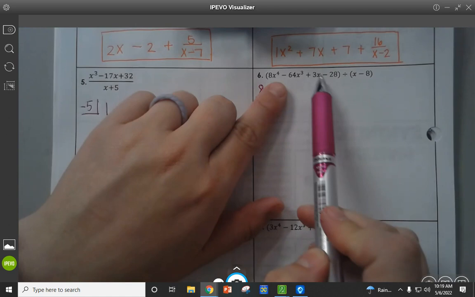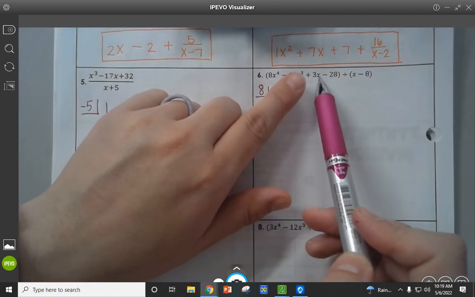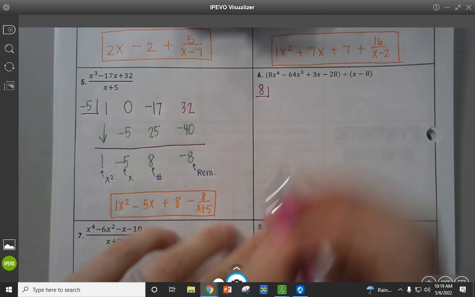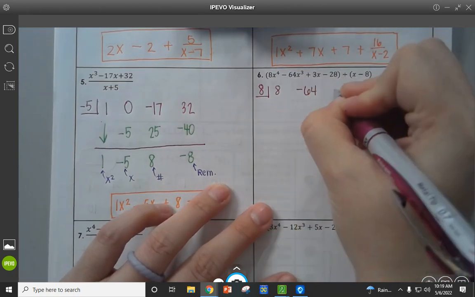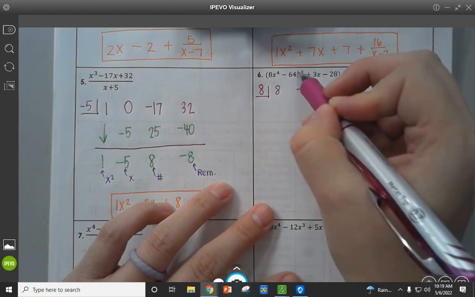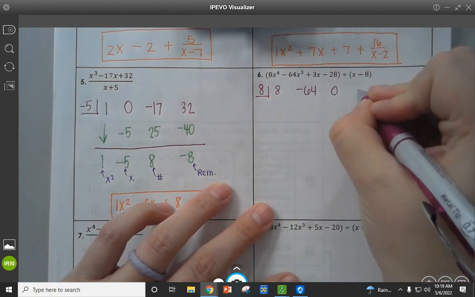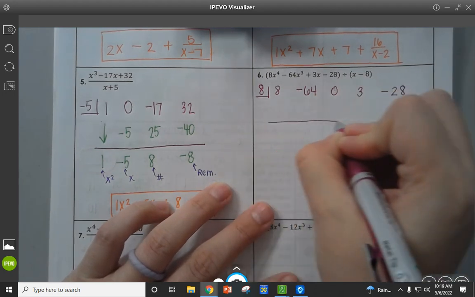An x squared. So x squared goes between these two. So the 0 would go between those two. So we would have 8, negative 64, 0, because I'm missing the x squared between those two. 3, negative 28.